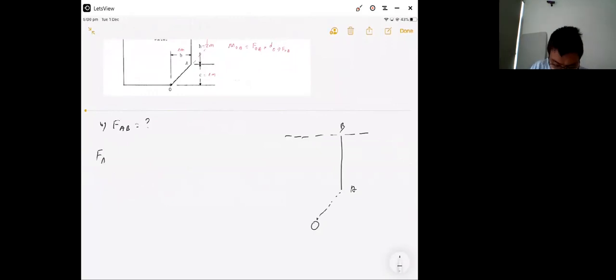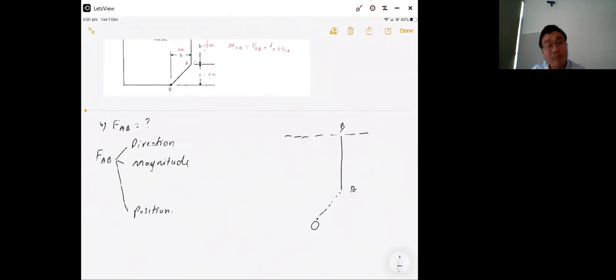And as I said, to understand one force, you have to know three things: direction, magnitude, and position. Three things to find the force applied to AB.